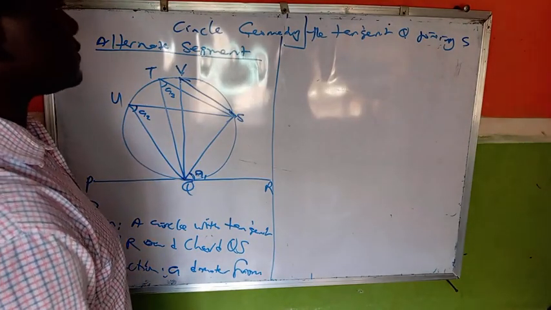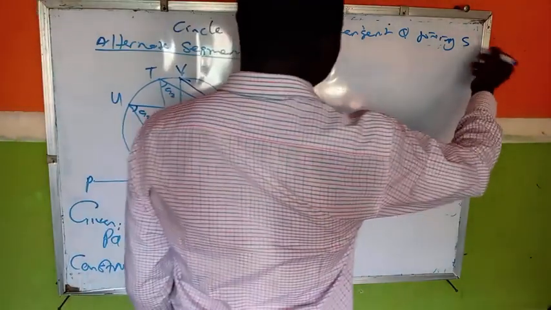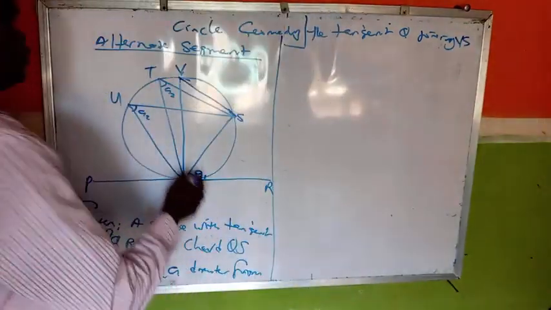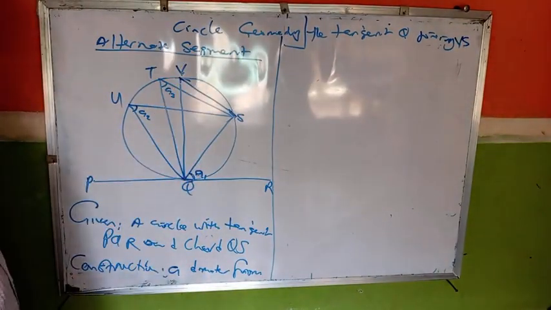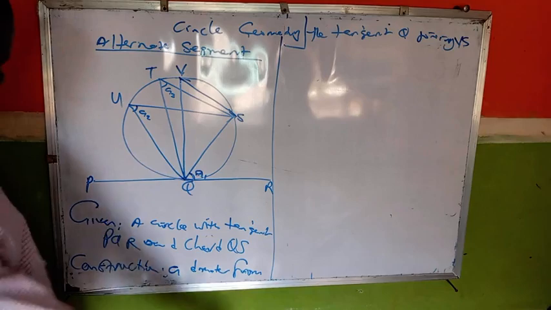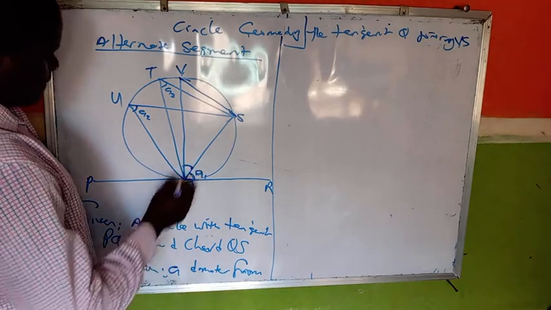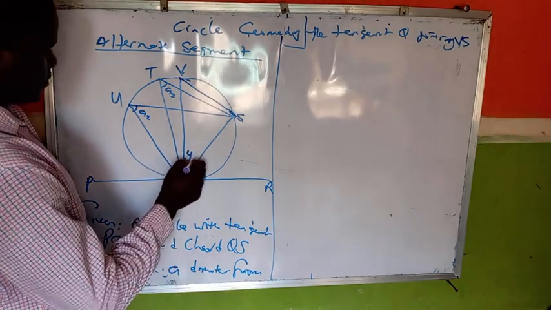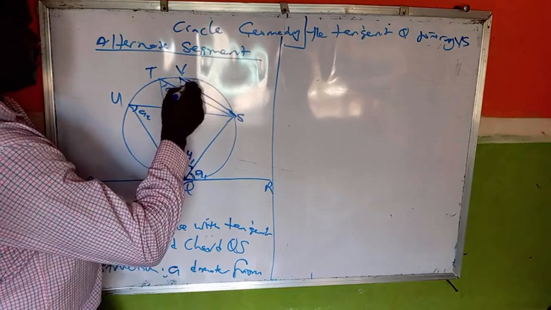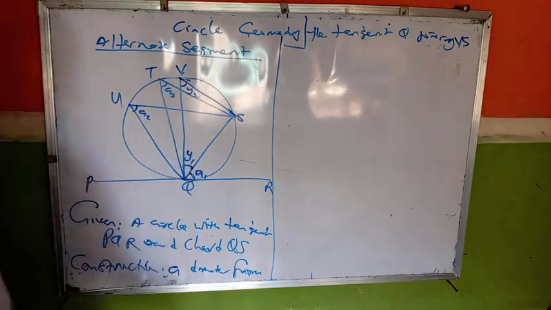That's it. Now let's label this place: let's call this one y1 and this one y2. All right, we labeled it.